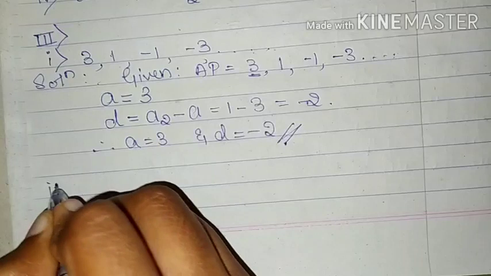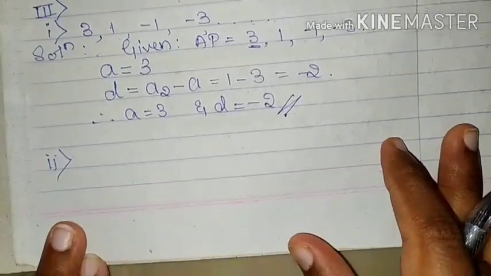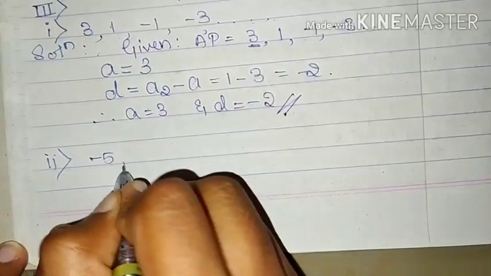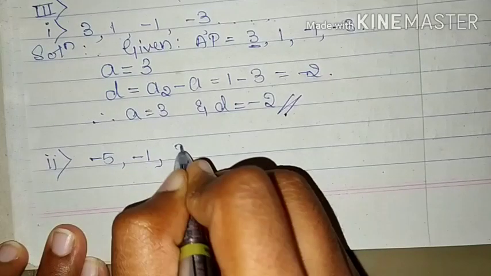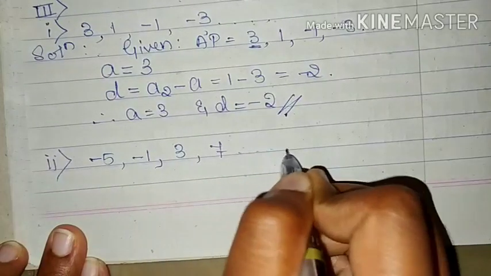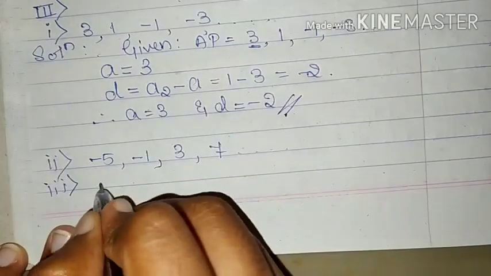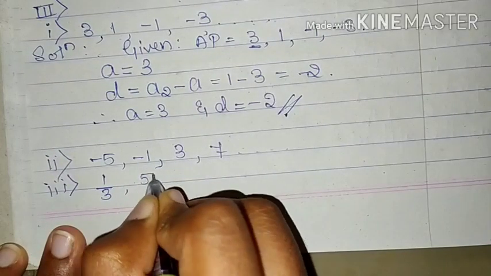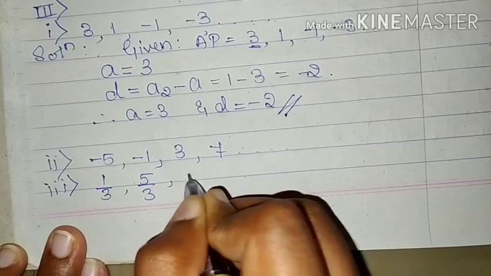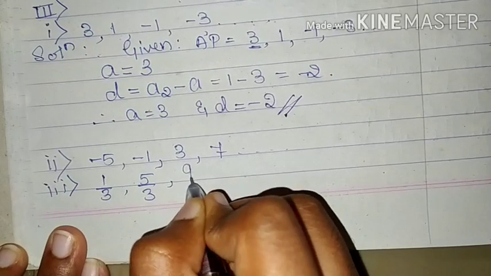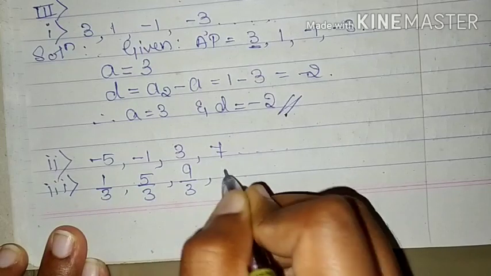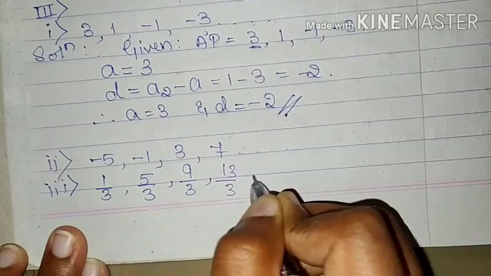Similarly, the second question, that is minus 5, minus 1, 3, 7, and so on. And the third question, 1 by 3, 5 by 3, 9 by 3, 13 by 3 and so on.